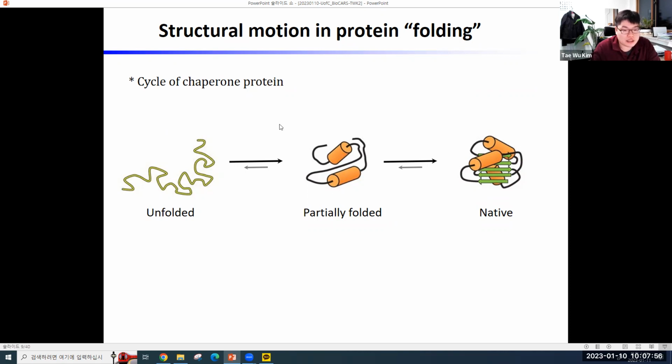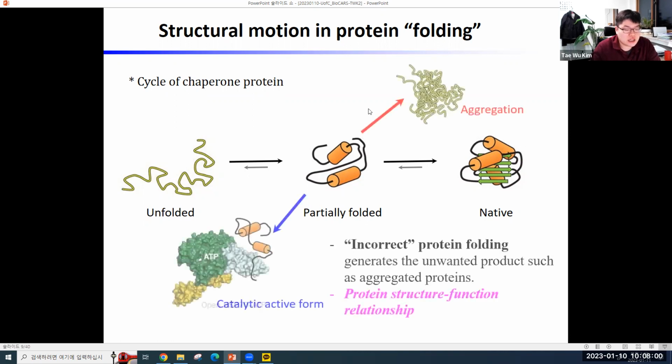These two conformations are well equilibrated under certain situations. In some cases, incorrect protein folding can happen. In terms of the protein structure-function relationship, we don't want this kind of incorrect folding, because it can cause unwanted disease in living organisms.